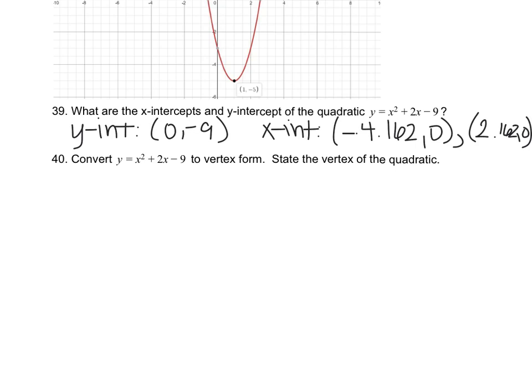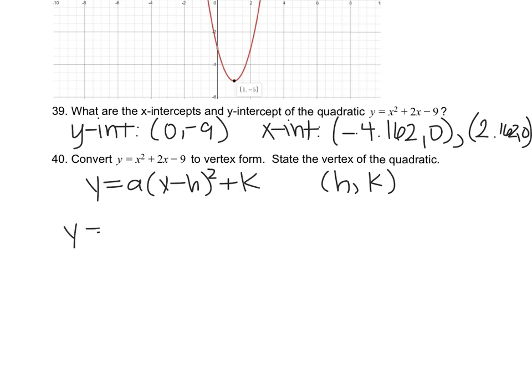Next, we want to convert our quadratic to vertex form. Vertex form is y equals a(x minus h) squared plus k, where (h, k) is the vertex. I'm going to convert it to vertex form algebraically, and then use the graph to check that I have the correct answer.